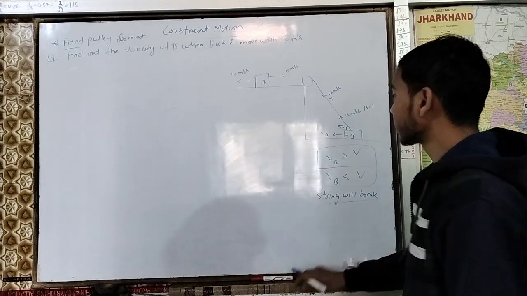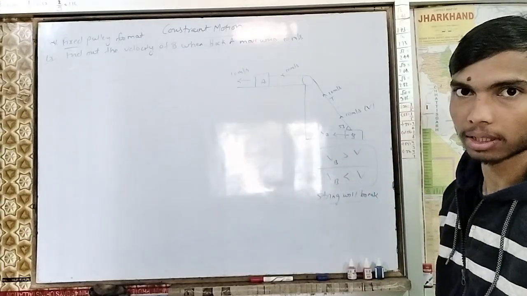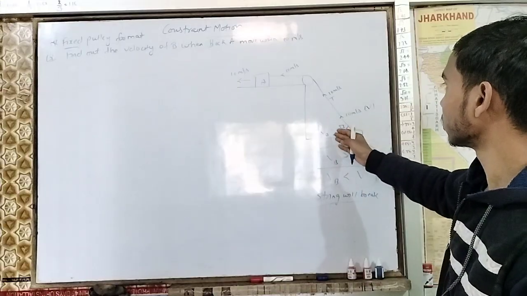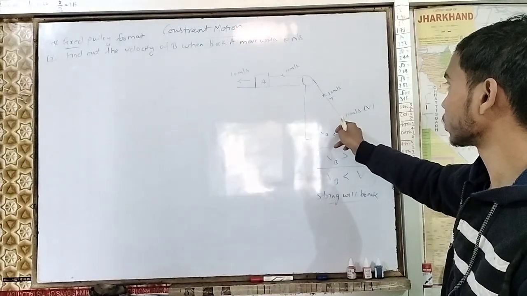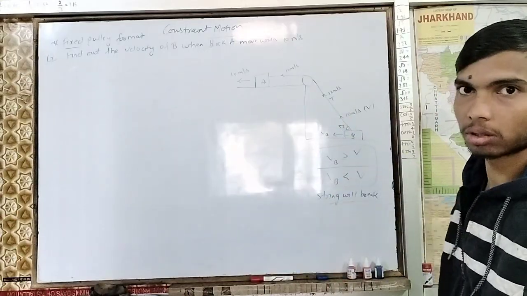But the question will not provide that kind of condition. The question will say that whatever the velocity of the string is, it will also be the velocity of the block.